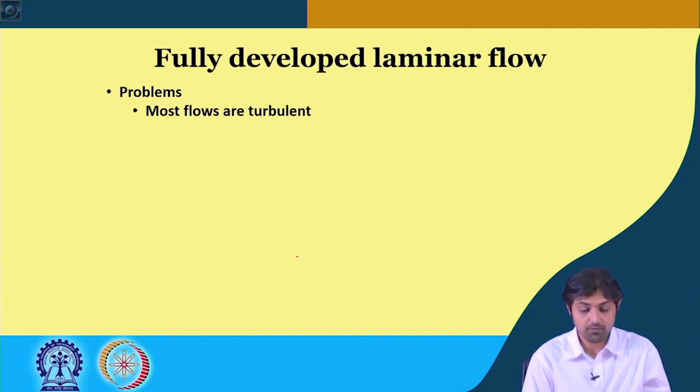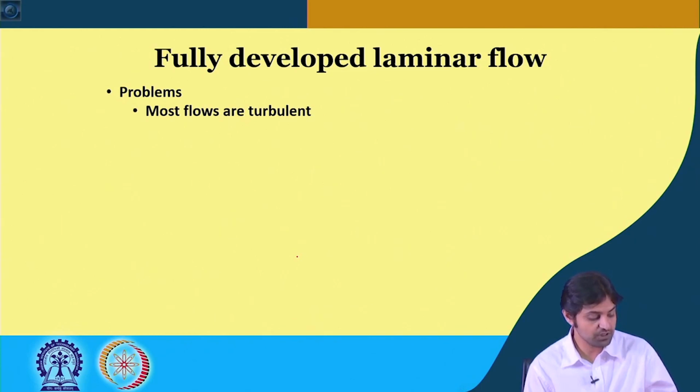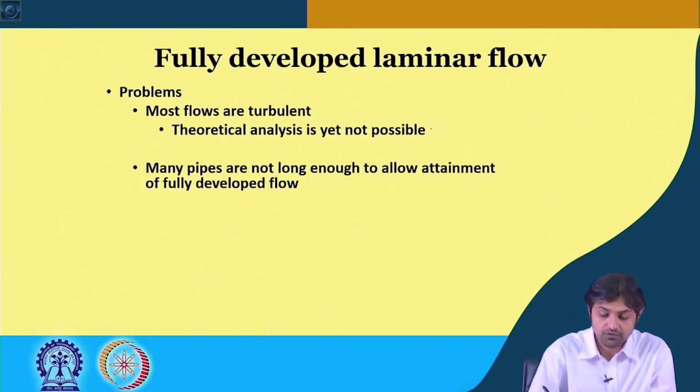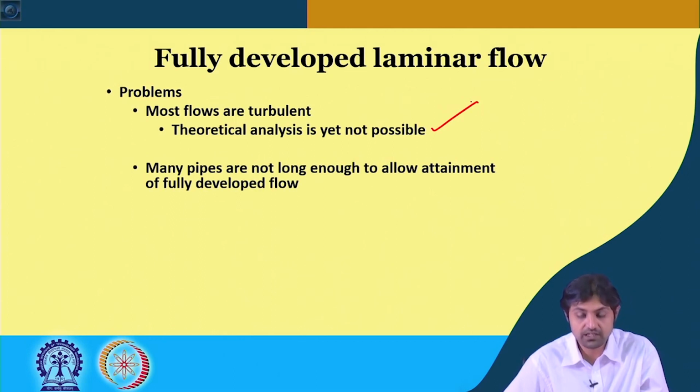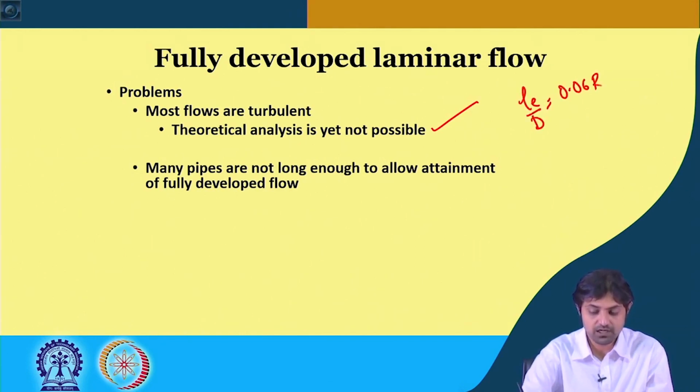Now, the problem with fully developed laminar flow is that in reality most of the flows are actually turbulent. Therefore, the theoretical analysis is not yet possible. Second, most of the pipes in our network are not long enough to allow the attainment of fully developed flow, because LE by D is equal to 0.06 RE.